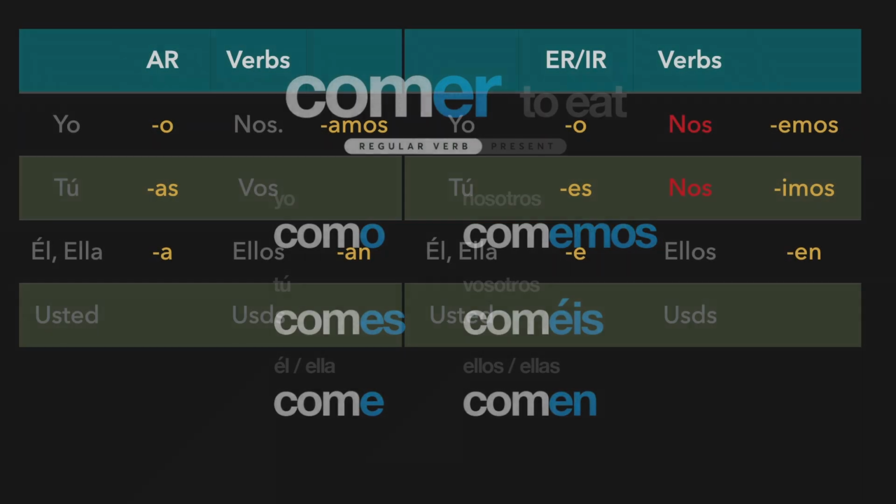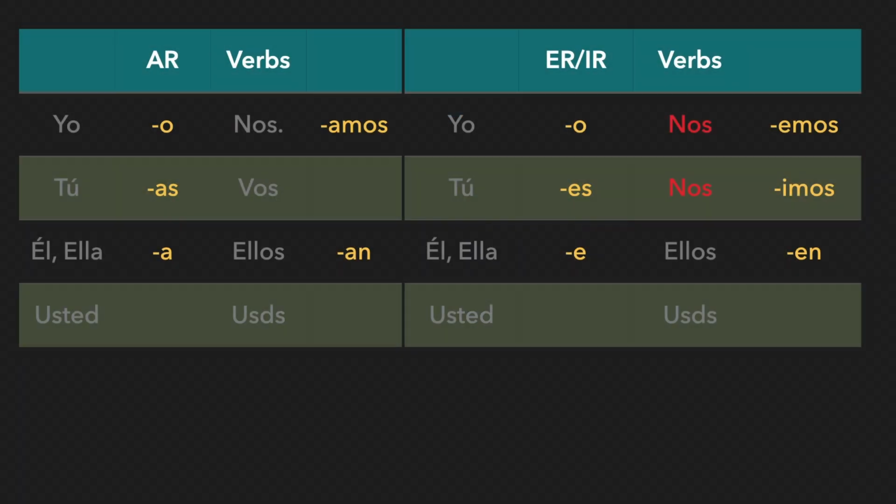And again, these are all the present tenses. Look at the ARs. They are O, AS, A, AMOS, AN. Now I have a really cool rule that will help you remember this. Okay? And then we go over to the ER, IR: O, ES. It's not AS.